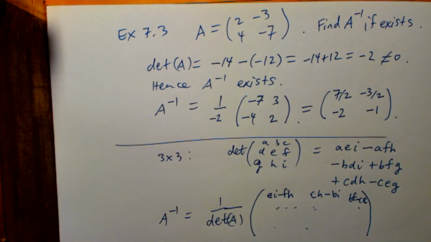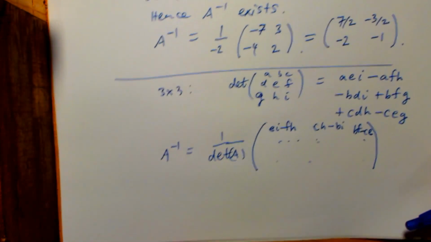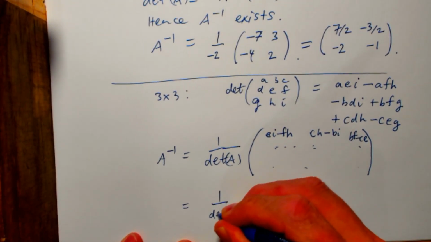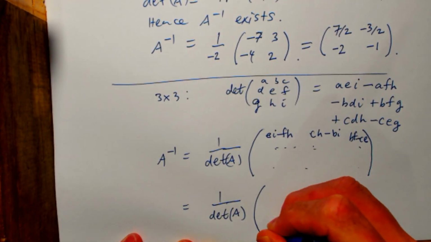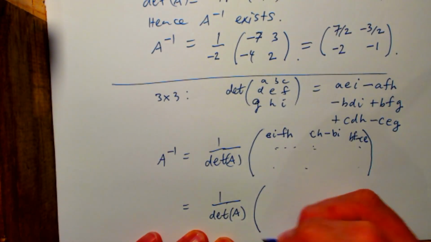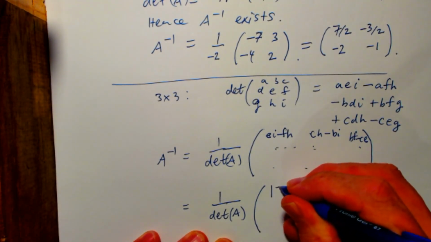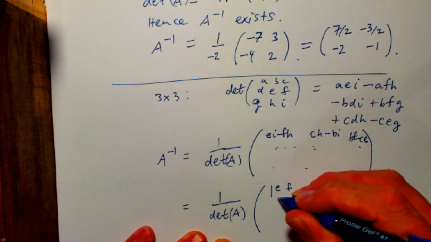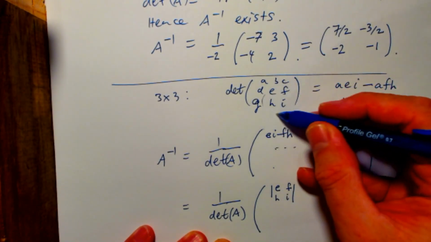So those are determinants. But if I show you what those are, let's perhaps show you what those are as determinants. So what do we have here? This is the determinant of E, F, H, I, which is the matrix right there.